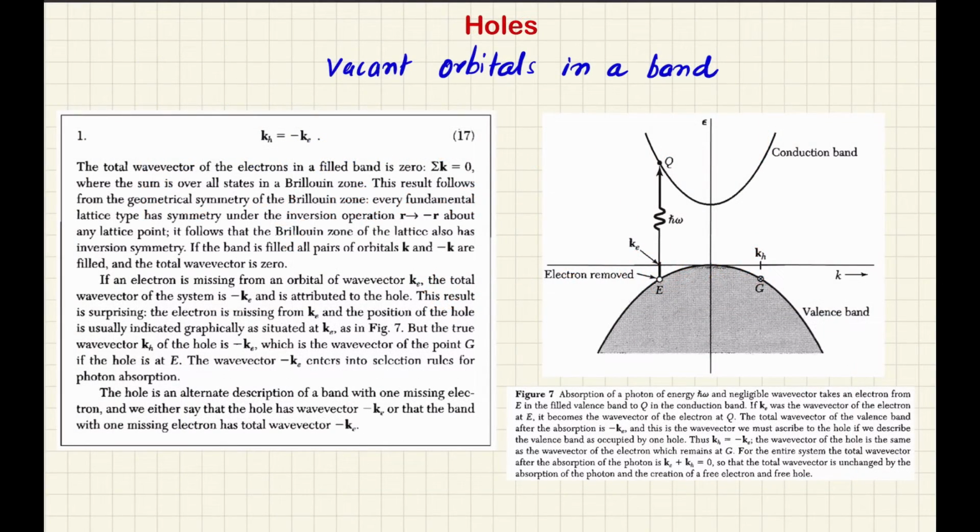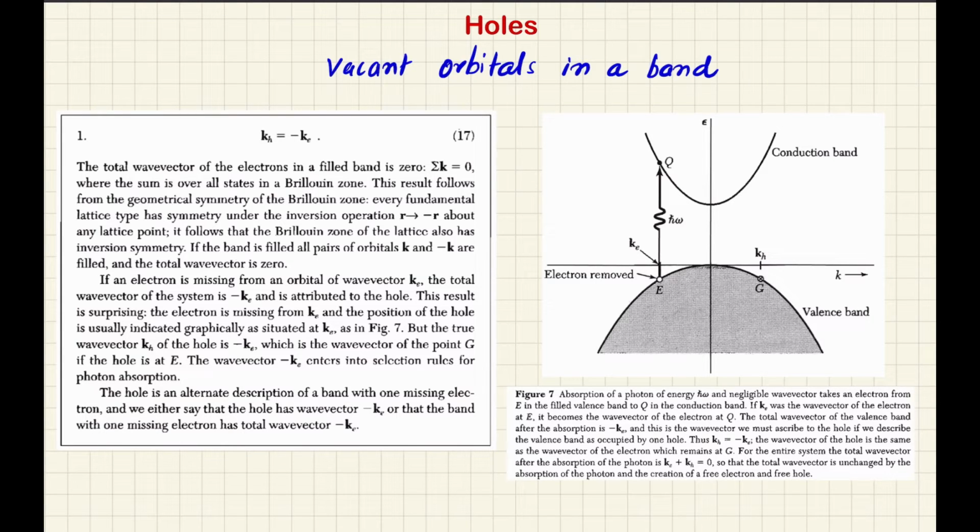Next, we discuss how the concept of holes is described using the Kronig-Penney model. Okay. A hole, as you know, is a vacant orbital in a band. Okay. So, you have an energy band structure using the Kronig-Penney model, or electrons moving in a periodic potential, and in each of the bands, let us say the valence band or the conduction band, suppose some orbitals are missing.